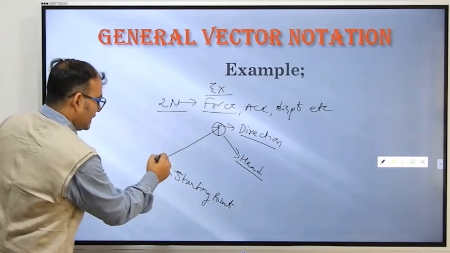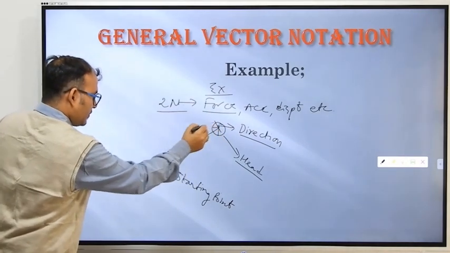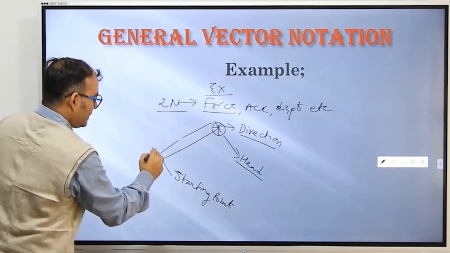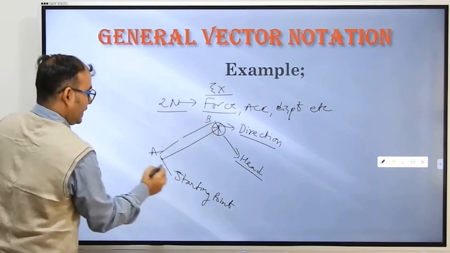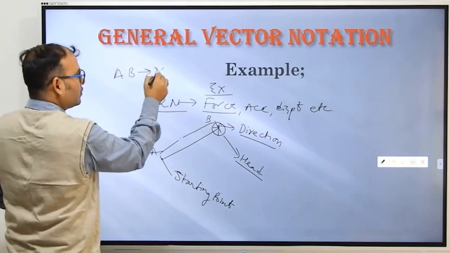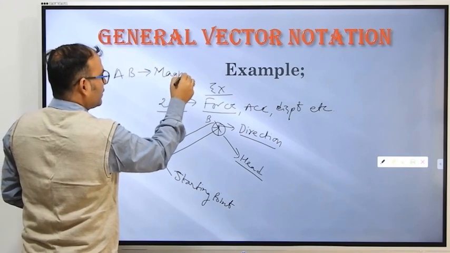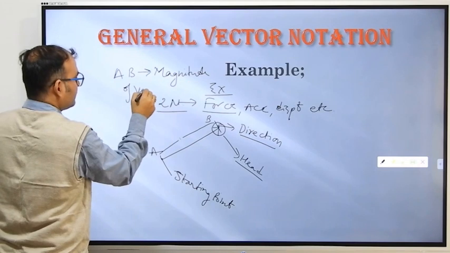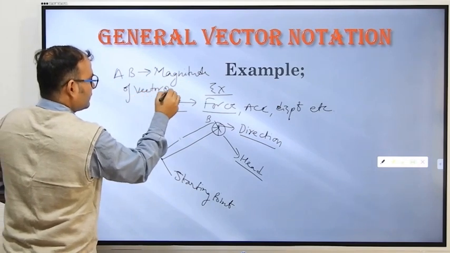Also the length of the arrow, from here to here, will tell you the magnitude. Suppose this is A and this one is B. The length AB will give you the magnitude of the vector quantity.